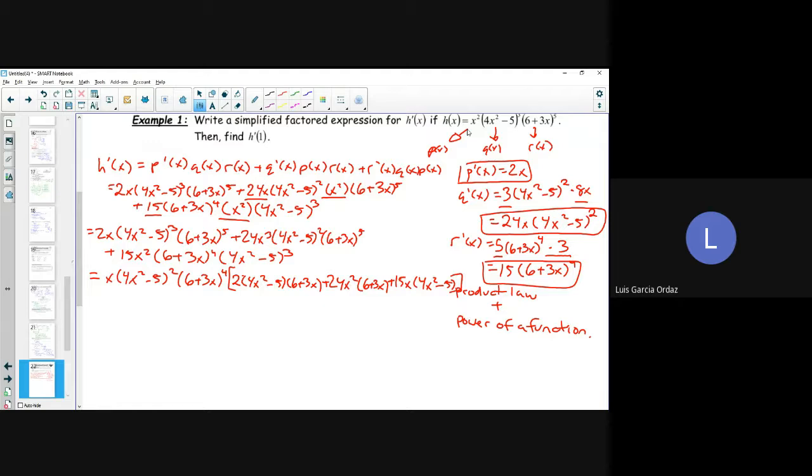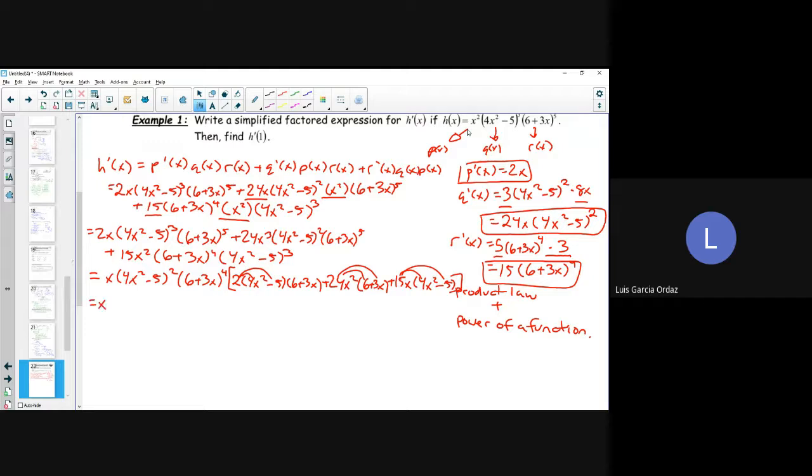We're going to expand and simplify, okay? So that means I'm going to FOIL everything and try to come up with a simplified expression on the inside. I'm not going to go through the whole thing because I trust your expanding and simplifying. So I'm going to give you the simplified form already.